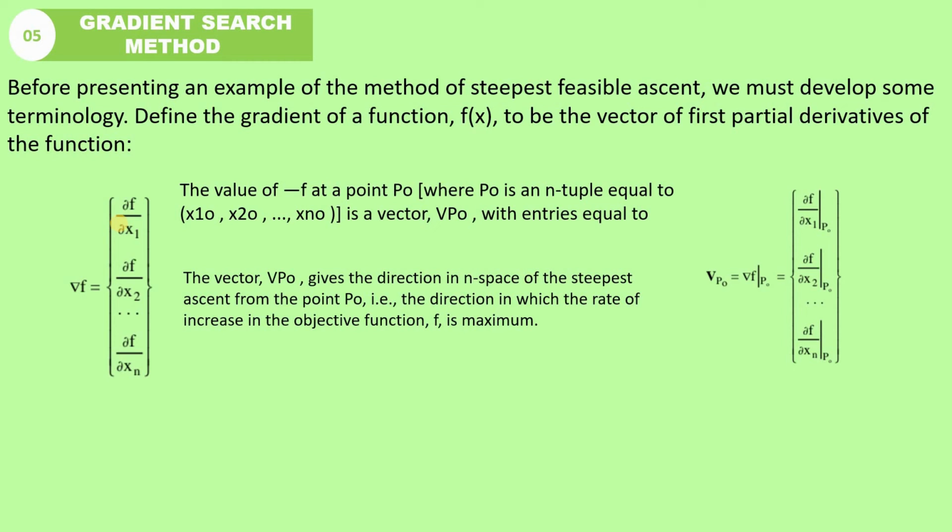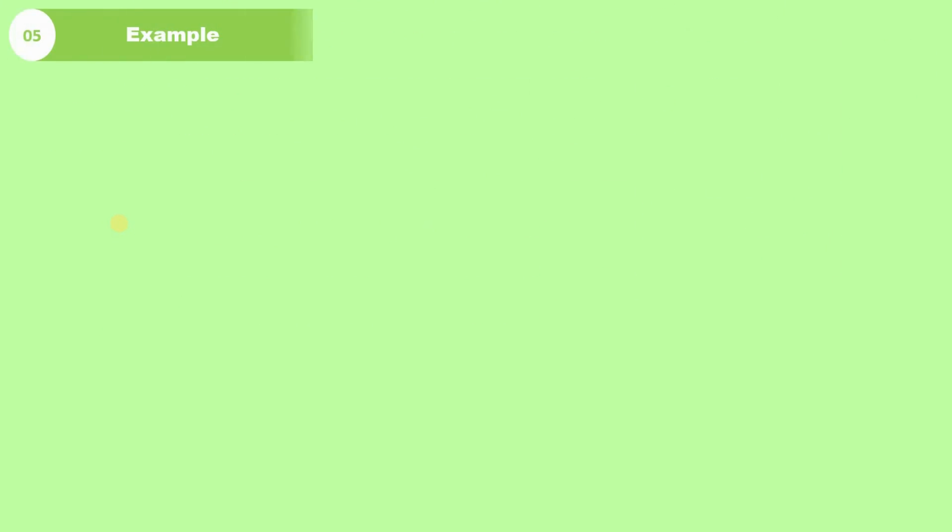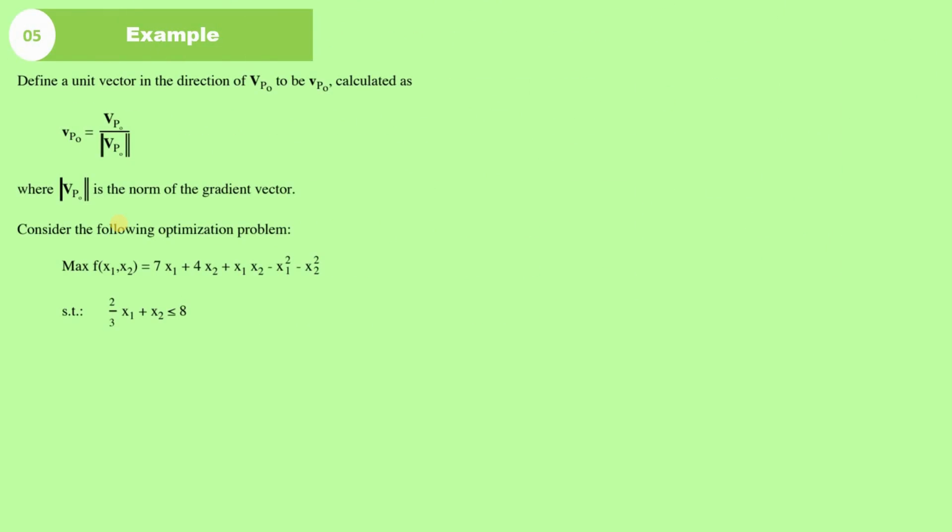The direction in space of steepest ascent from the point P naught is the direction in which the rate of increase of the objective function f is maximum. Taking a unit vector in the direction of Vp naught, calculated as the vector Vp0 divided by its magnitude, gives the gradient direction.